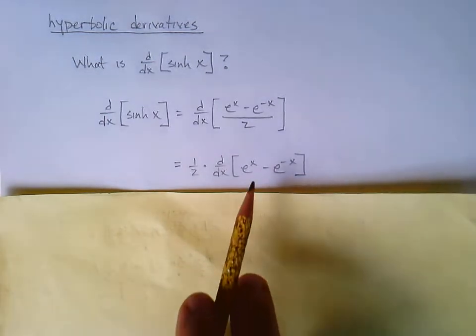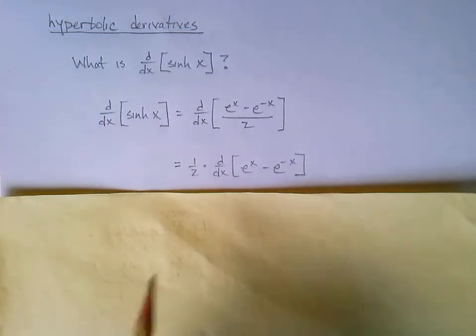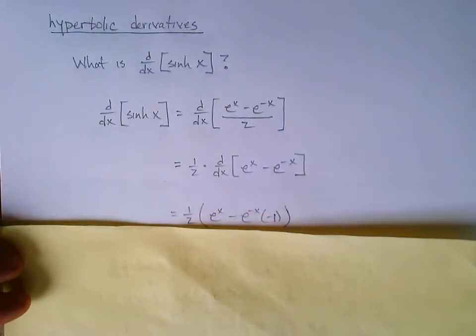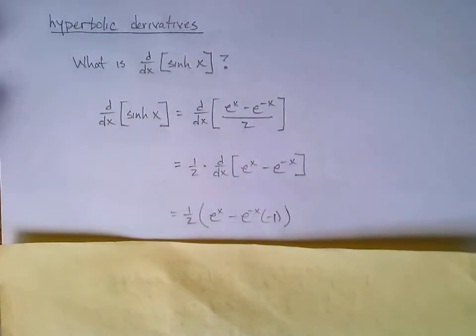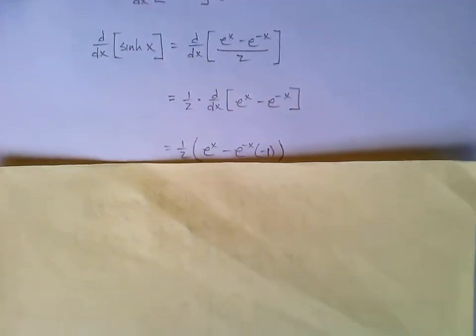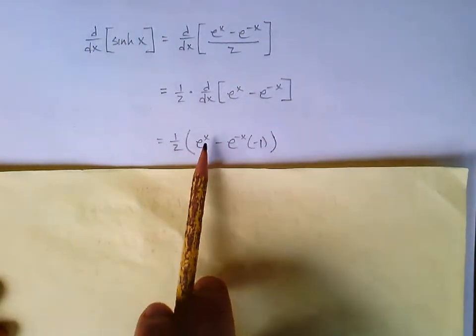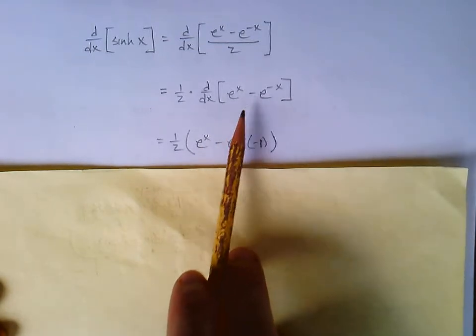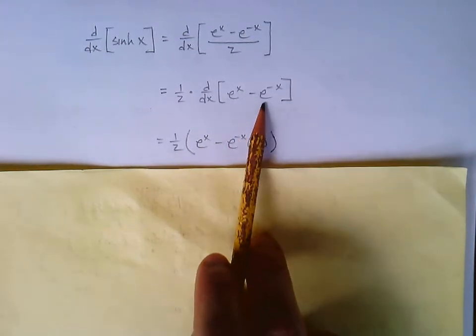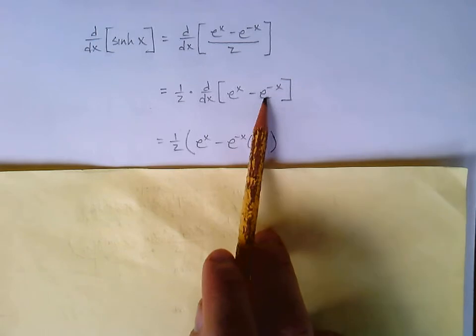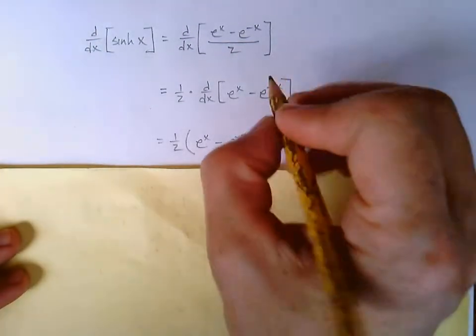Okay, let's do it. We got it. We can do this derivative. Here we go. Let's talk about it. So, derivative of e to the x, well, of course, that's just e to the x, minus the derivative of e to the negative x. You may recognize you need a chain rule.